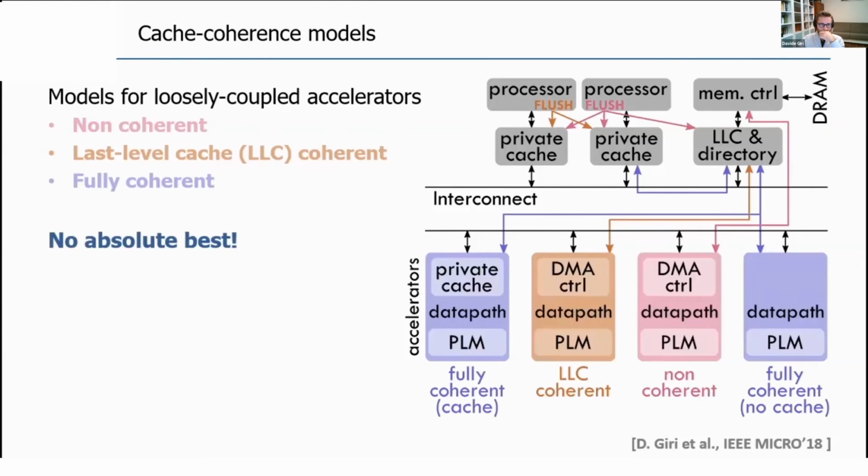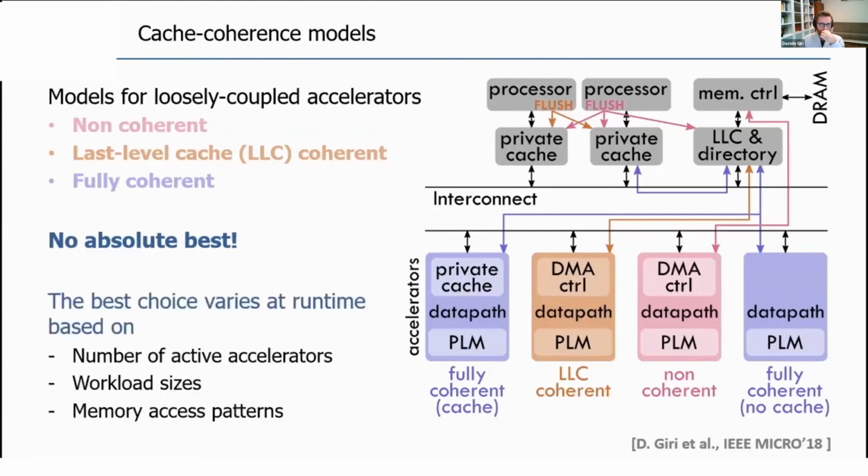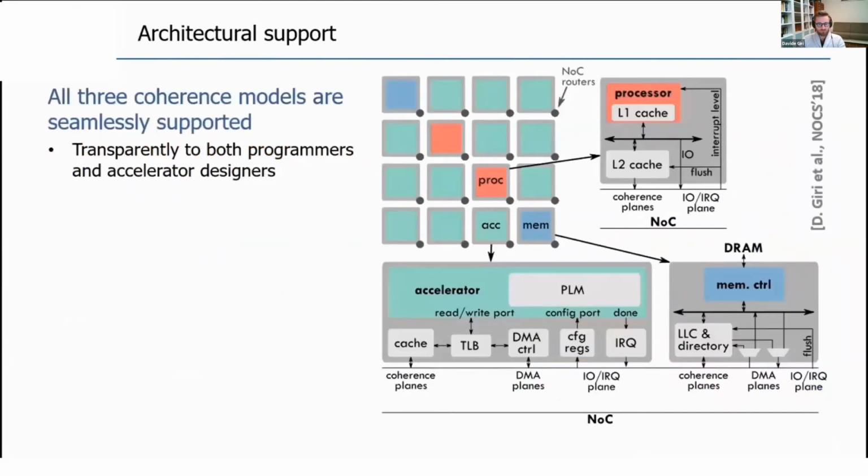Our work, as well as other recent literature, shows that no model is the absolute best. The best choice of cache coherence varies at each accelerator invocation, depending, among other things, on the number of active accelerators, their memory footprints, and their memory access patterns. We designed support for all the cache coherence models, such that the coherence models are completely transparent to both the programmer and the accelerator designer.